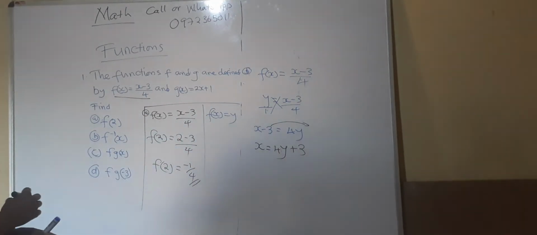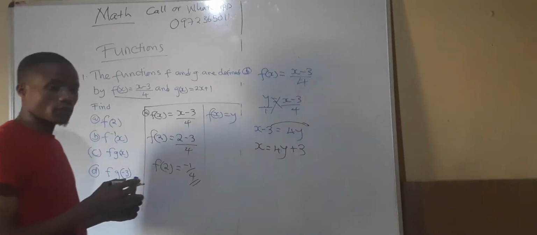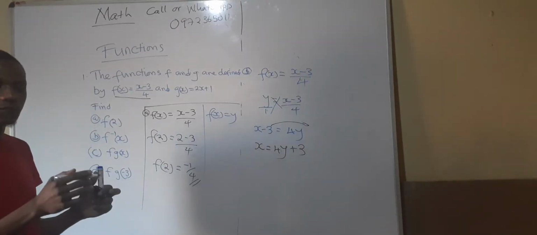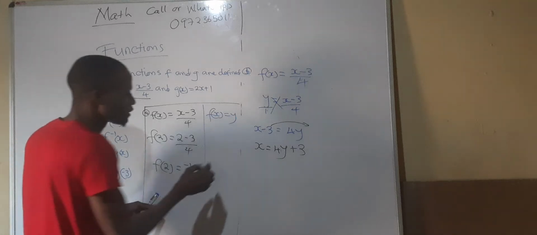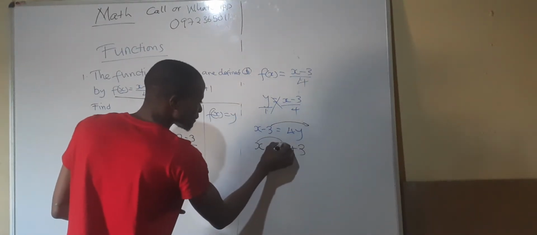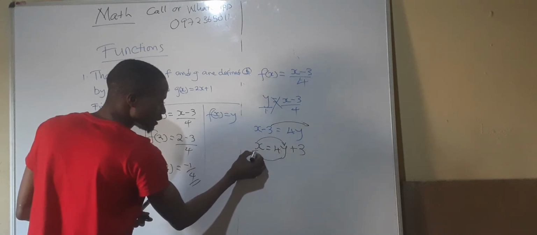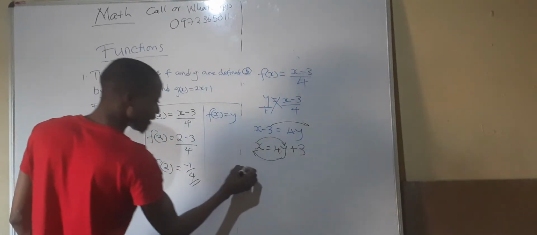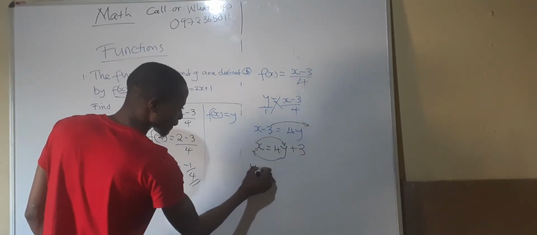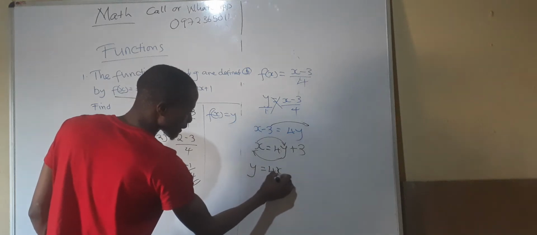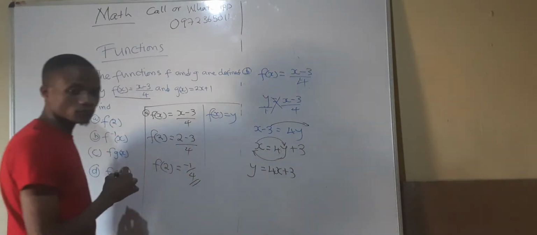Now, when we make x the subject of the formula, we have to interchange or swap. Where there is y, we put x. Where there is x, we put y. So this becomes y is equal to 4x plus 3.